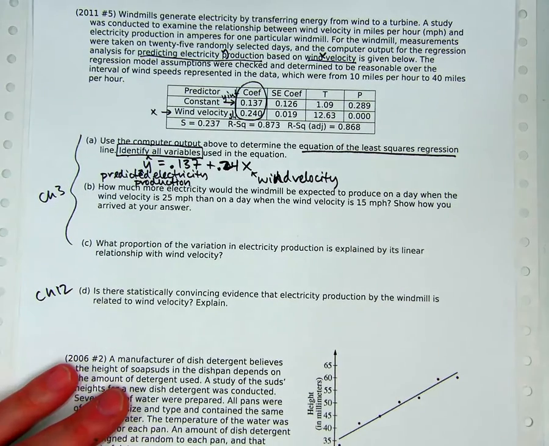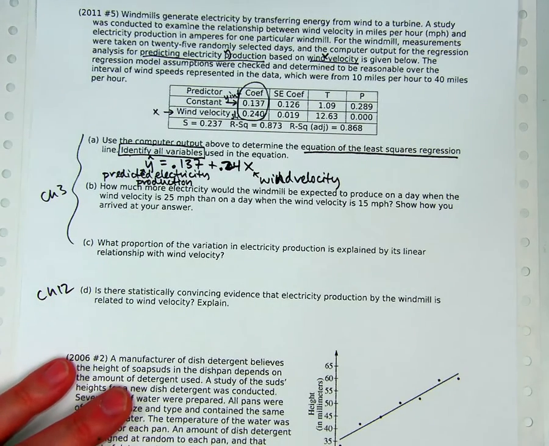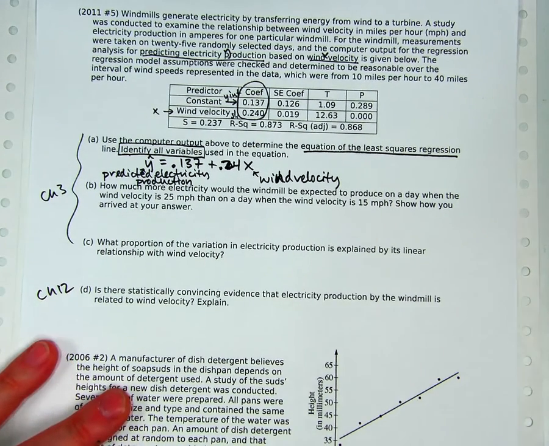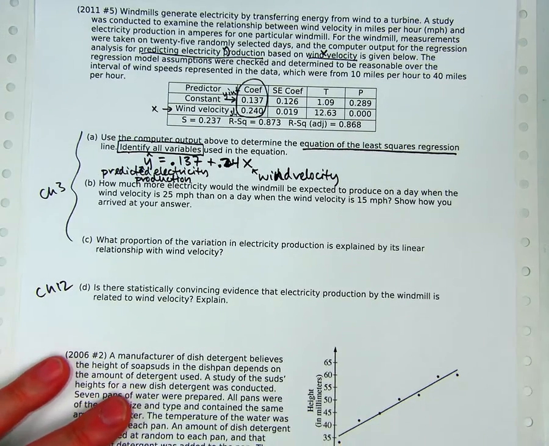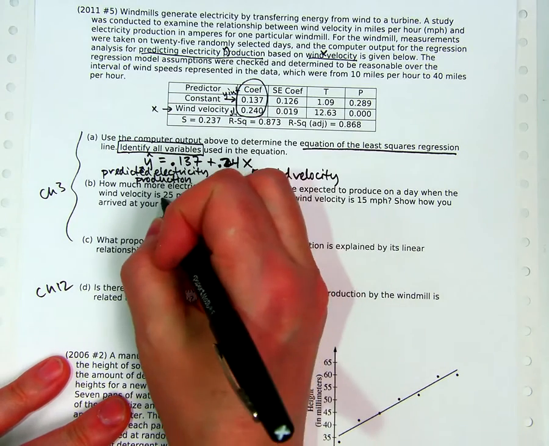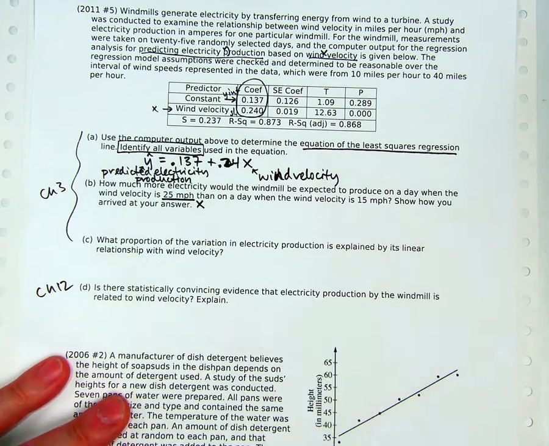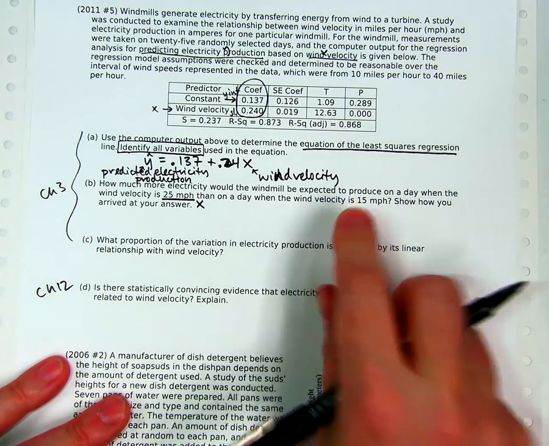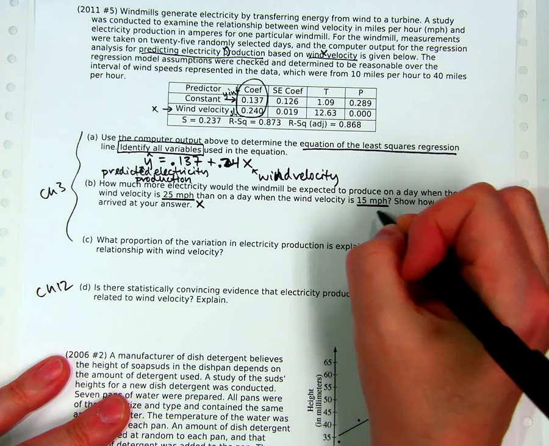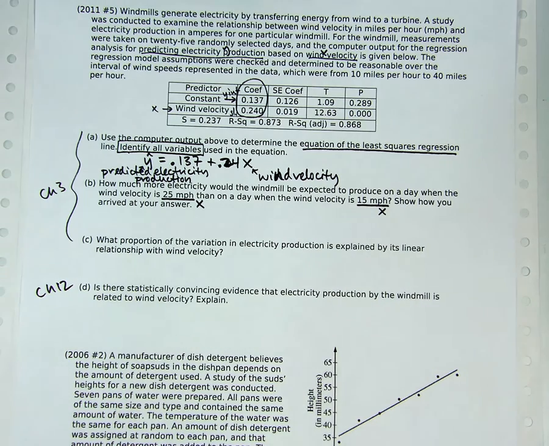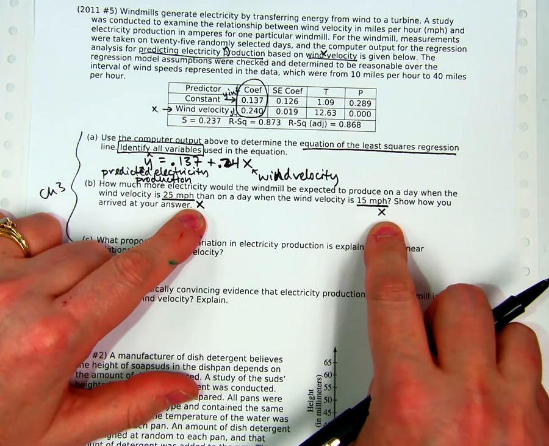Alright, so then the next question is, how much more electricity would the windmill be expected to produce on a day when the wind velocity is 25 miles per hour, that's an x value, compared to a day when the wind velocity is 15 miles per hour, another x value. So there's two ways to do this. One way is to plug in both x's into the equation and see what happens.